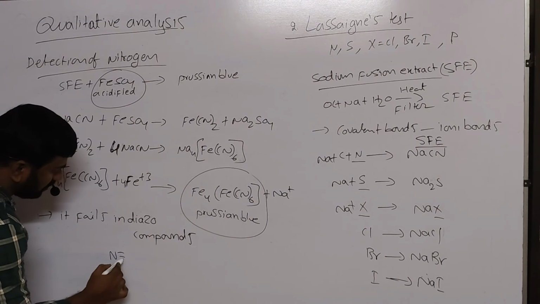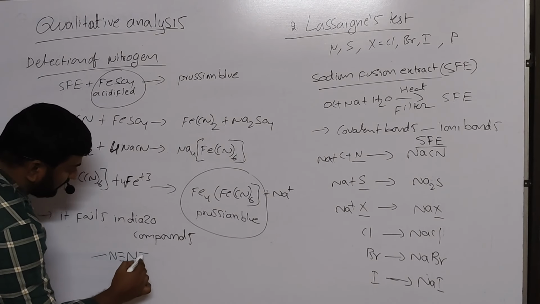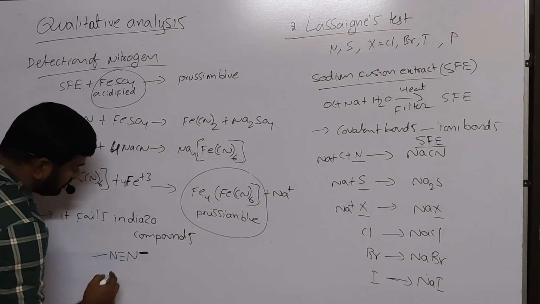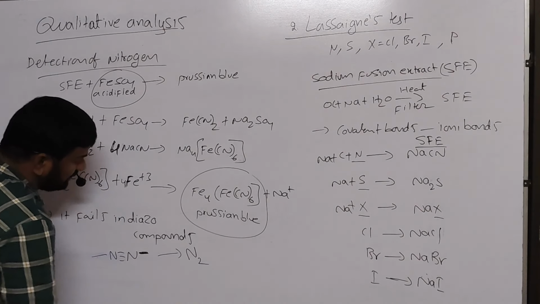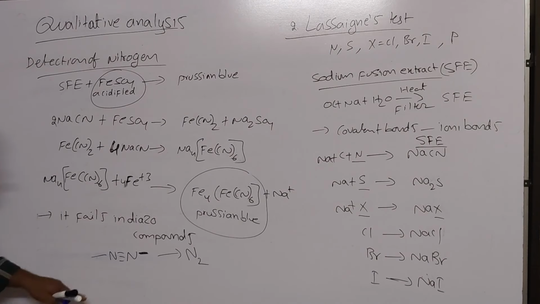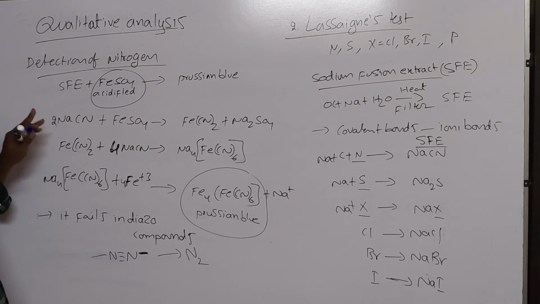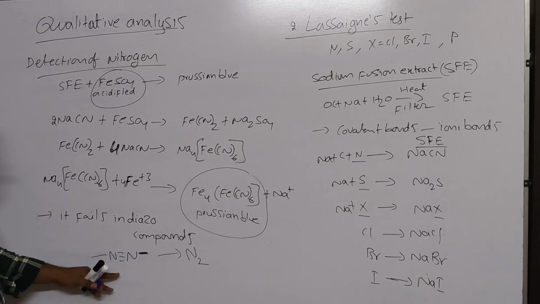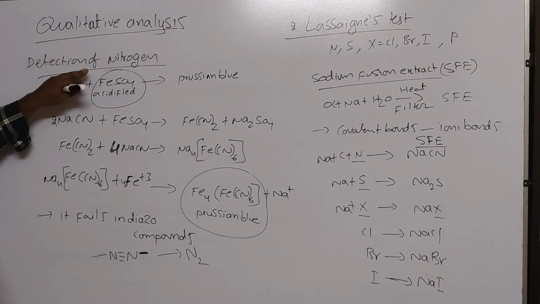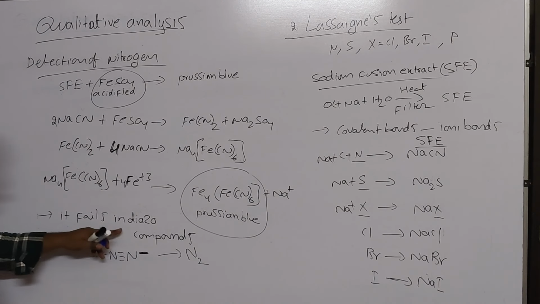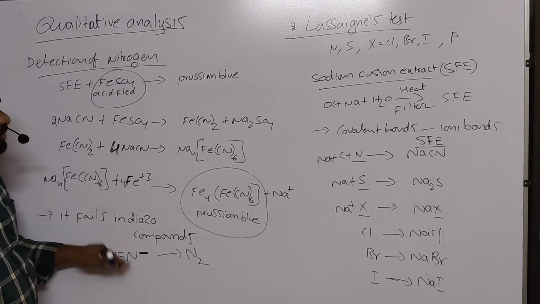Diazo means N triple bond N. Compounds containing this diazo structure, when heated, immediately lose it as N2. So in this case we will not get NaCN, and without NaCN we cannot get this color. That's why detection of nitrogen fails in diazo compounds, very very important.